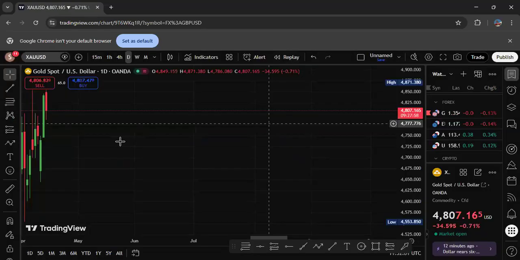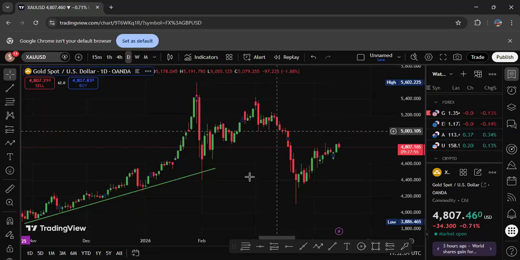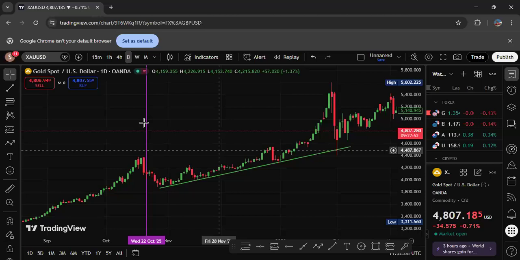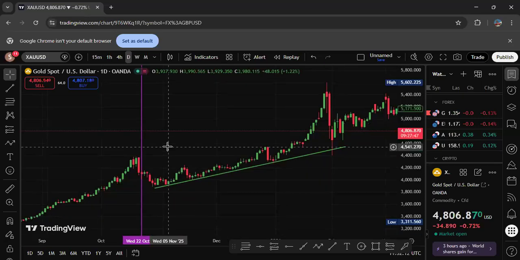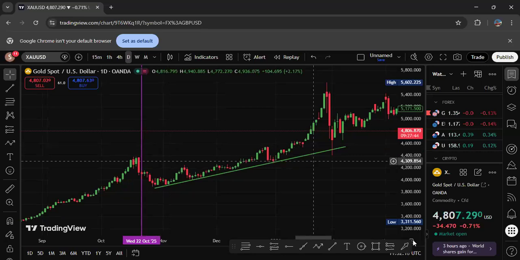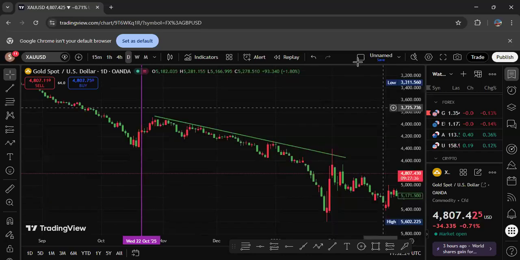So this is our XAU USD. I was using this one as an example before, right? So I will still use this part now. This is how we use it. Let me flip it to the opposite side.